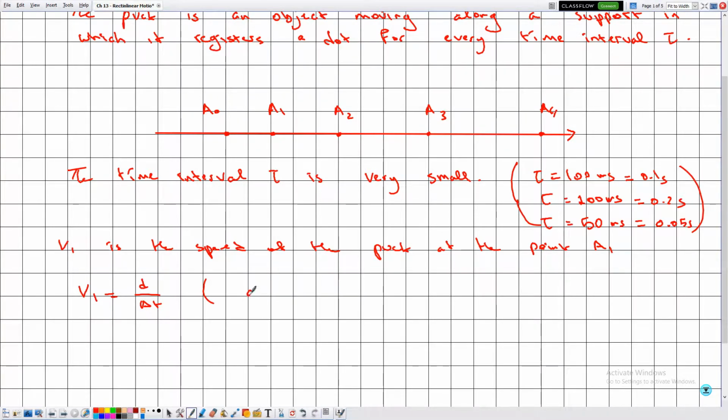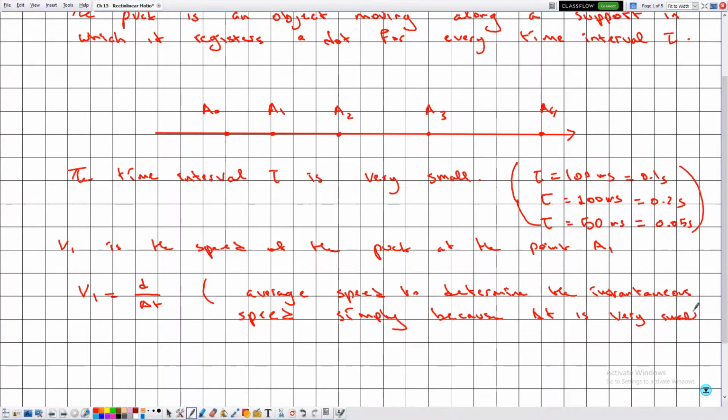So here I'm using the formula of the average speed to determine the instantaneous speed, simply because the time interval delta t is very small.